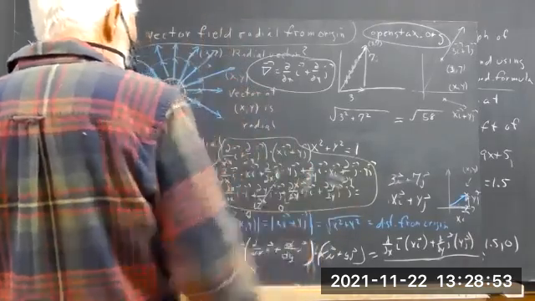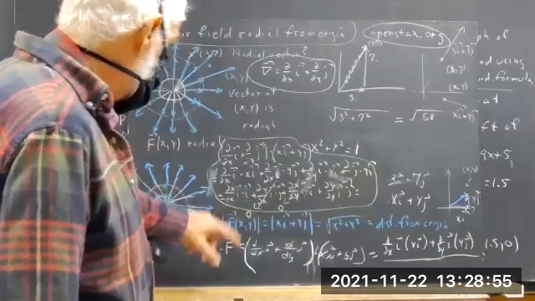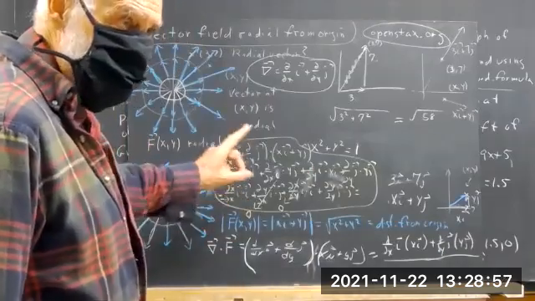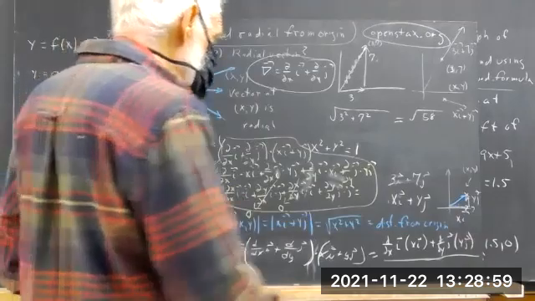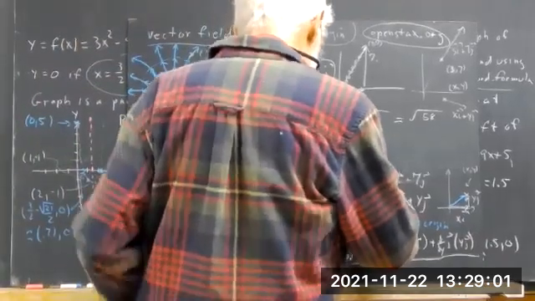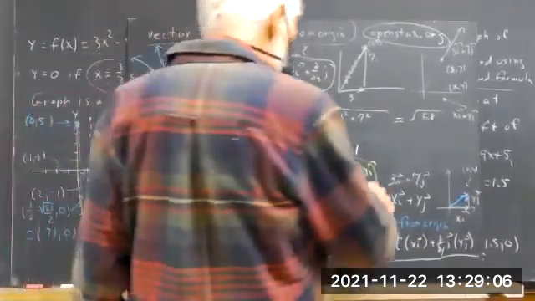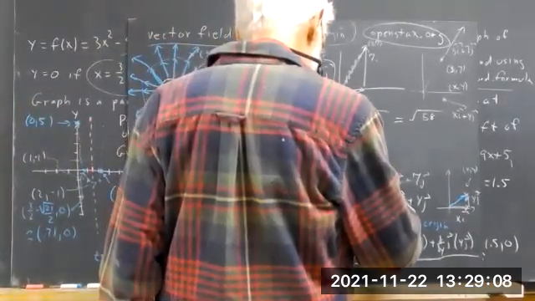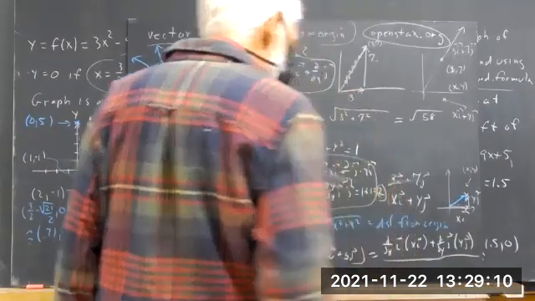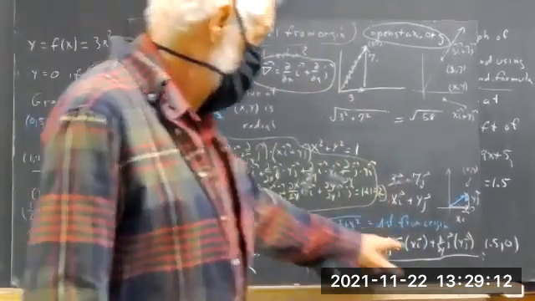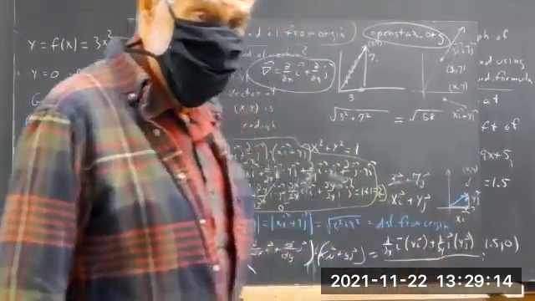I dot i is 1, and partial of x with respect to x is 1, so this gives you 1. And partial of y with respect to y is 1, j dot j is 1. Now you told me that this gives you 1 and this gives you 1.